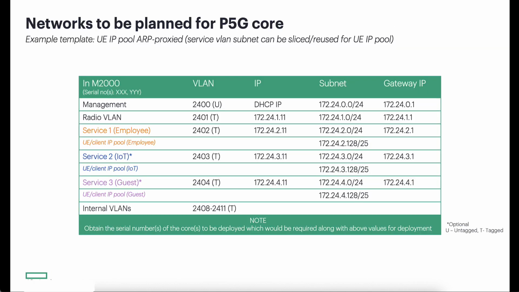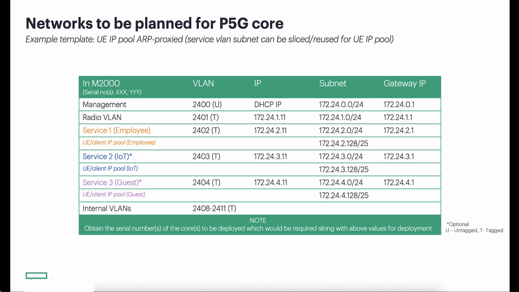Before starting the configuration workflow in the dashboard, the IT administrator and the network teams collaborate to design and plan the required VLANs, subnets, IPs, and other parameters for deployment. For this video session, we will use these predefined values: the management VLAN, radio VLAN, and the IP subnets and service details referred to here when we deploy the core.